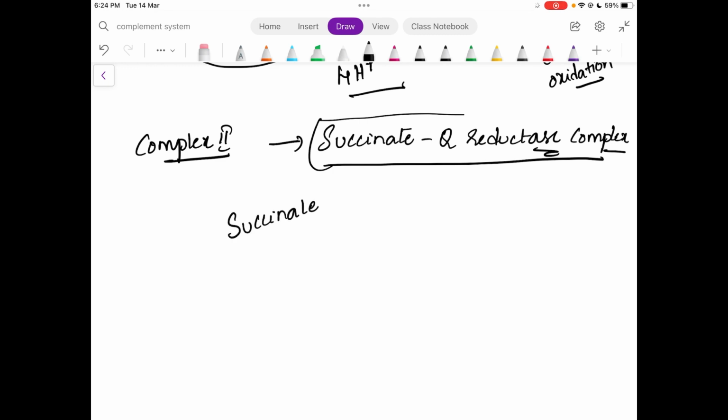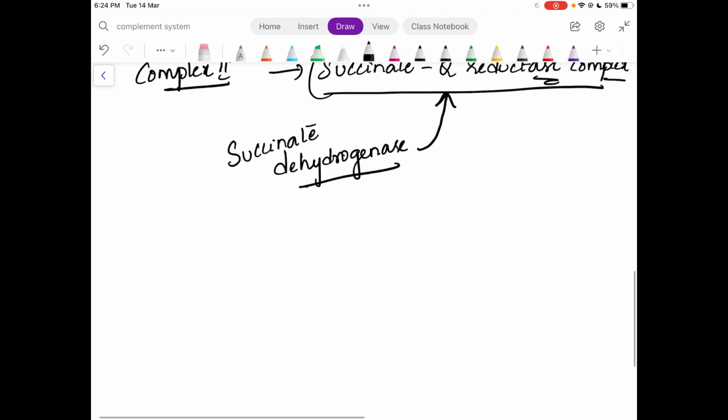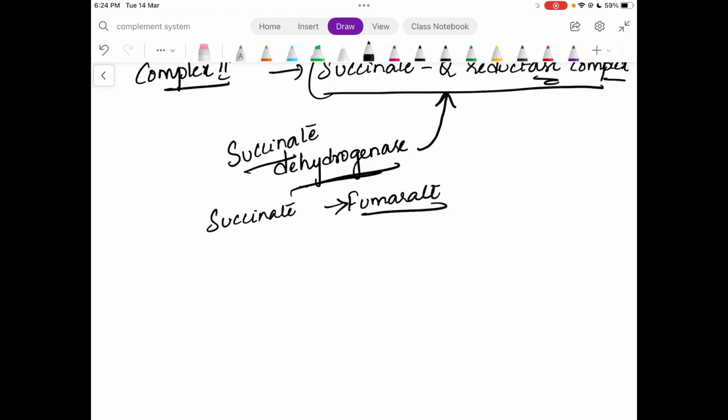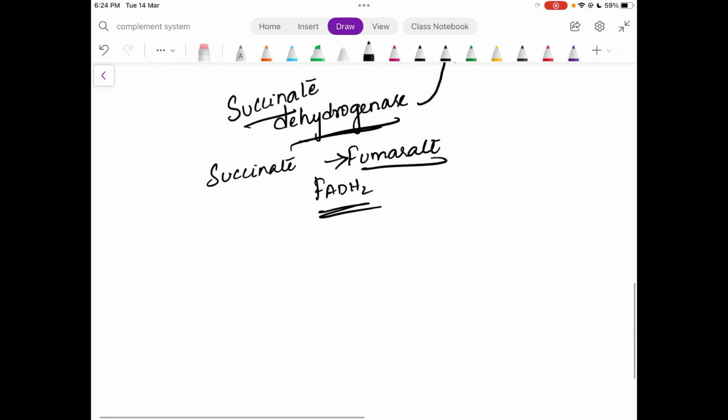This succinate dehydrogenase enzyme is a part of succinate Q reductase complex. What is the function of this succinate dehydrogenase? Succinate is converted into fumarate, and FADH2 is formed.